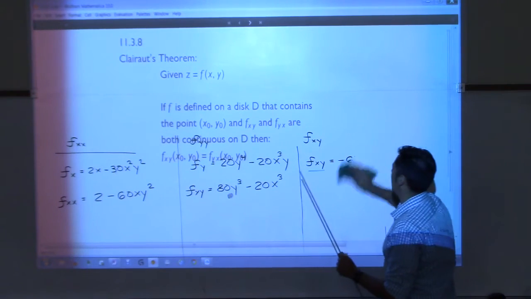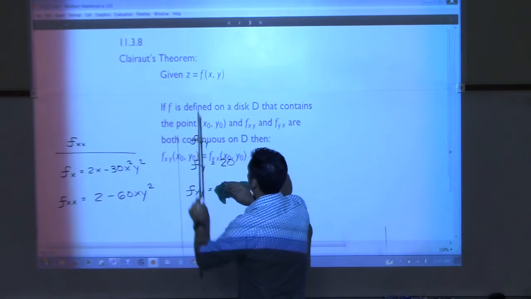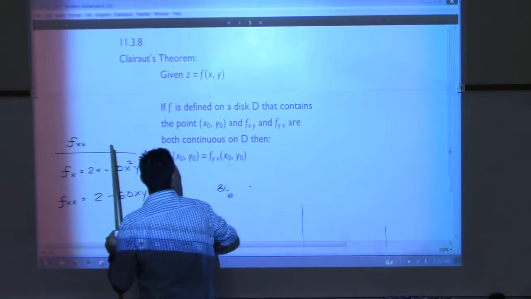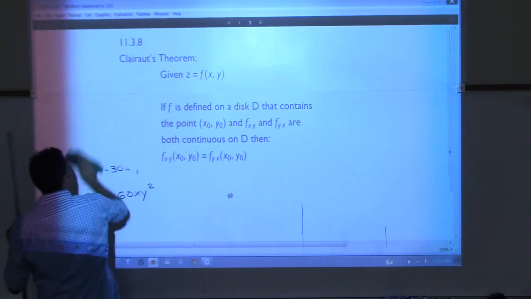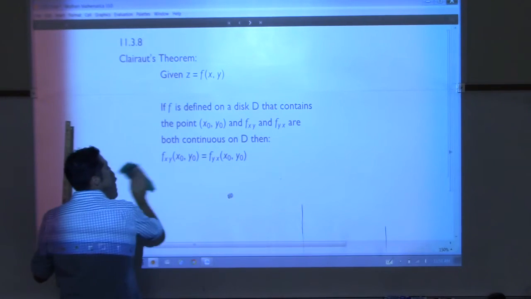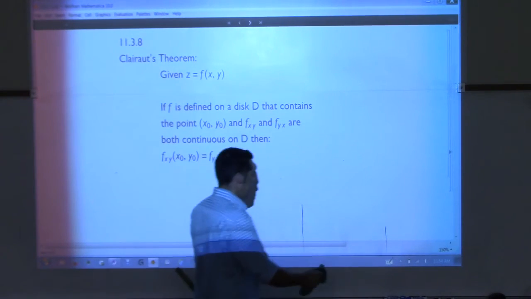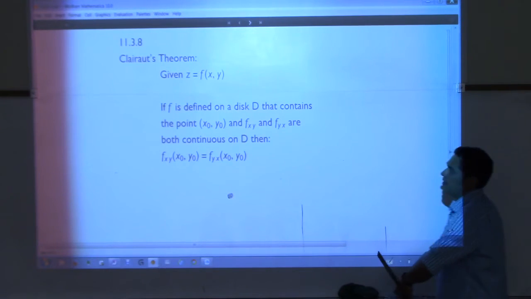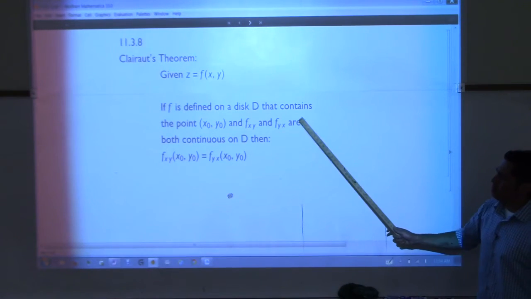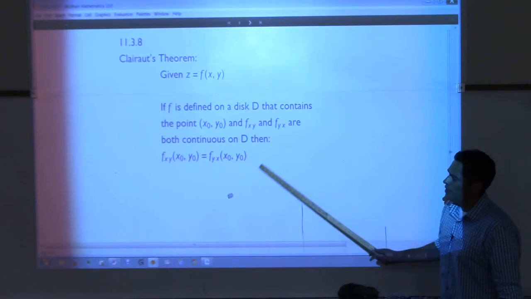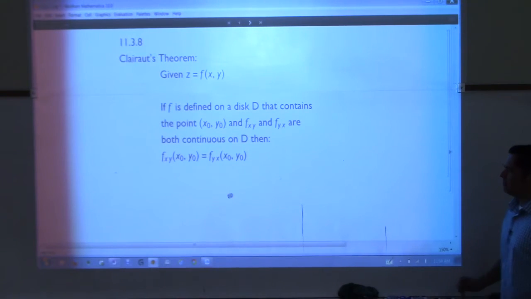Clairaut's theorem says that if you're given a function of two variables, if f is defined on a disk D that contains the point (x naught, y naught), and these partials are both continuous on D, then they will always be the same.